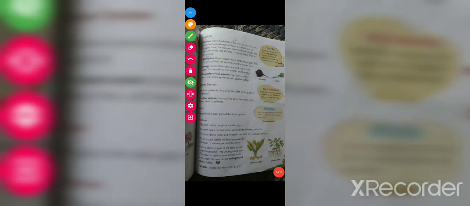Next is absorption. Another work of the root is that roots absorb water, minerals and salt from the soil and help the plant to prepare its own food.